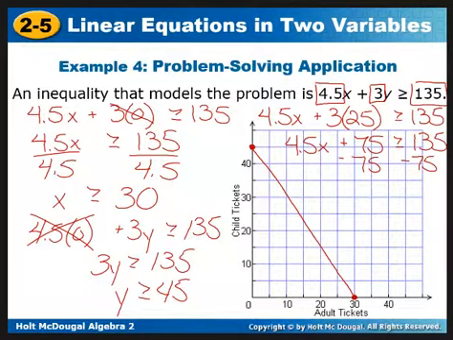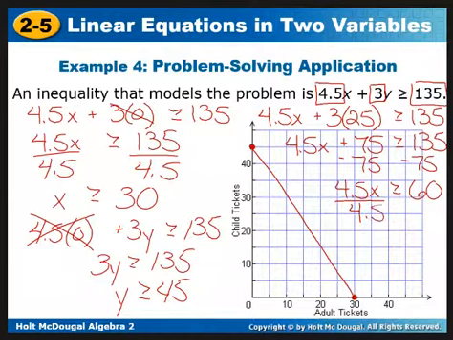So let's see, 135 minus 75 should give me, 60. Okay, so 4.5x is going to be greater than or equal to 60.